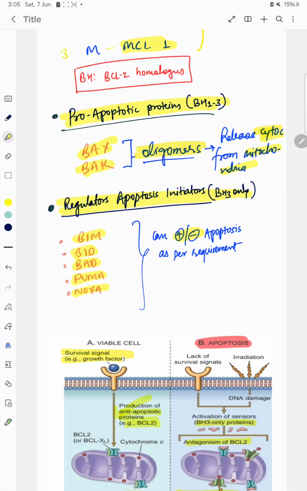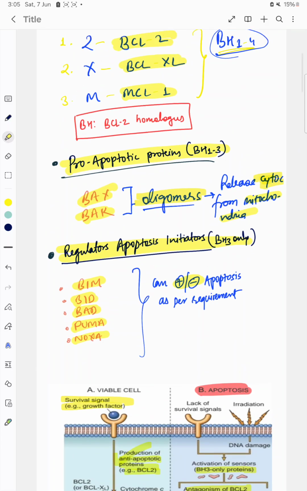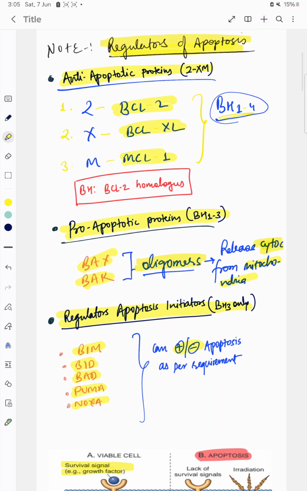So we have seen the three major categories of regulators of apoptosis: anti-apoptotic proteins, with 2XM as the mnemonic, BCL2, BCL-XL, MCL1; pro-apoptotic proteins, BAX and BAK; and regulator apoptosis initiators, BIM, BAD, BID, PUMA and NOXA.